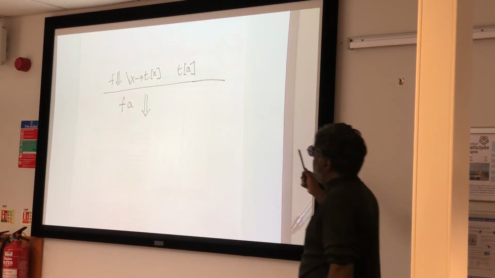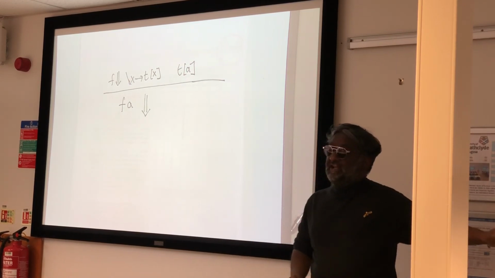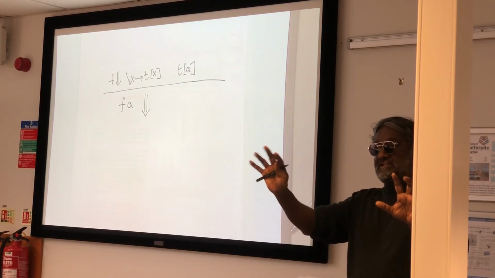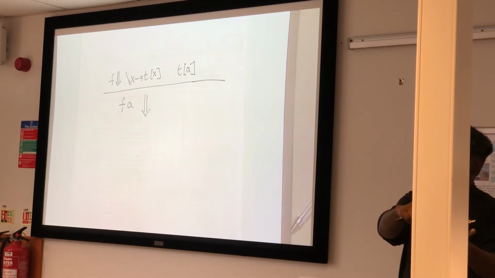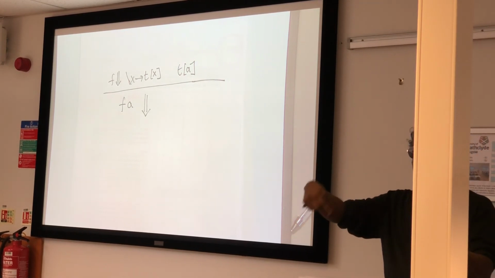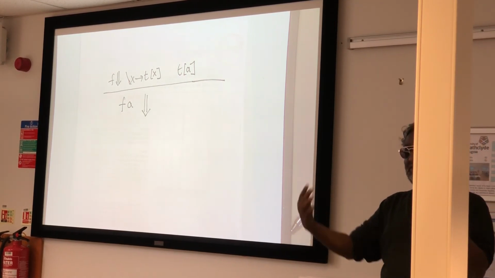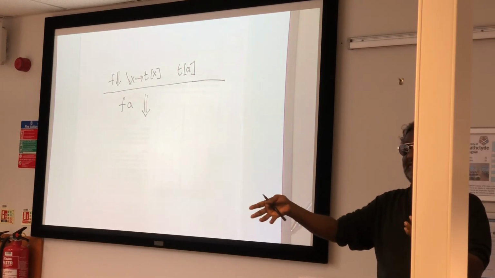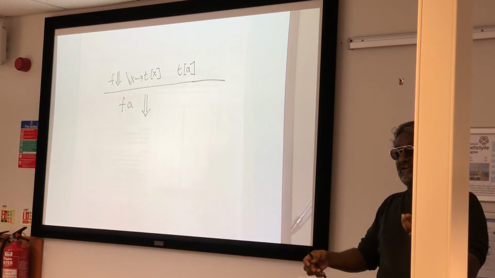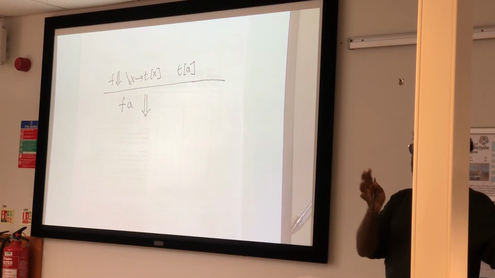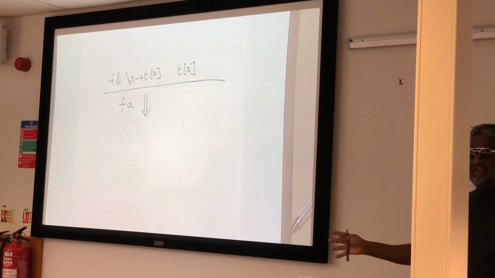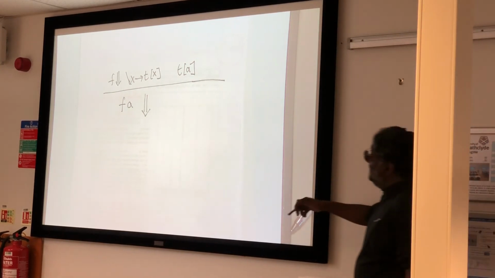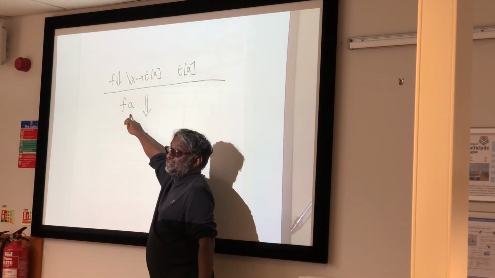So this is what happens. You remember earlier on, I was saying, if you've got a lambda term applied to something, should you do the reduction immediately, or should you work on the something? And there are choices. If you work on the something, it could go on forever. On the other hand, if you don't work on the something, you could be copying work. So there are choices. Here, we're choosing not to work on the a.